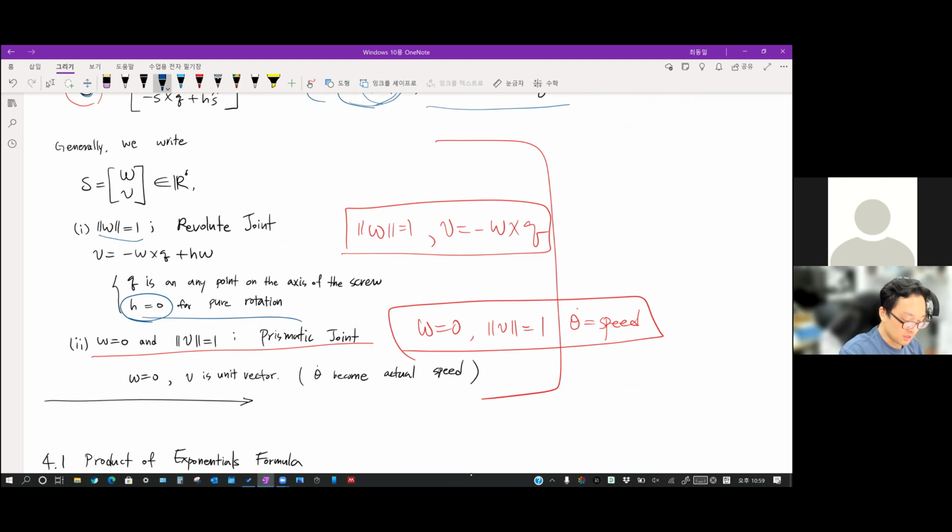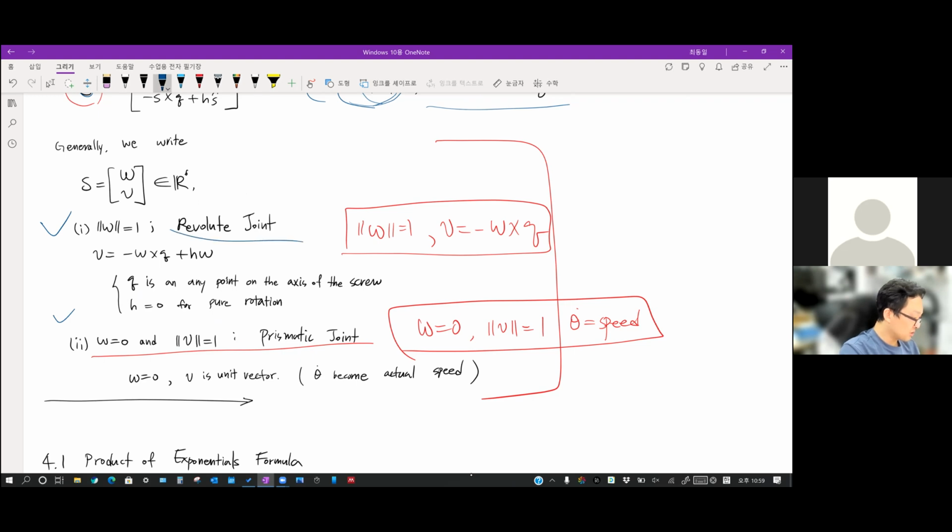In a typical robot, there are many revolute joints, and some manipulators have prismatic joints. So a manipulator is usually composed of these two joints, and we encounter these two cases.